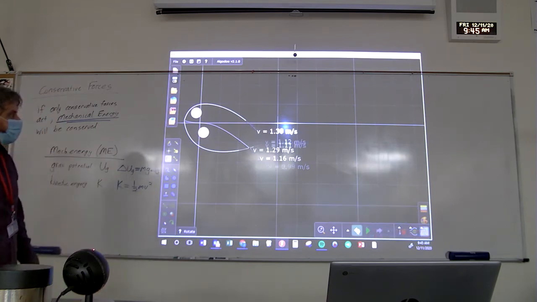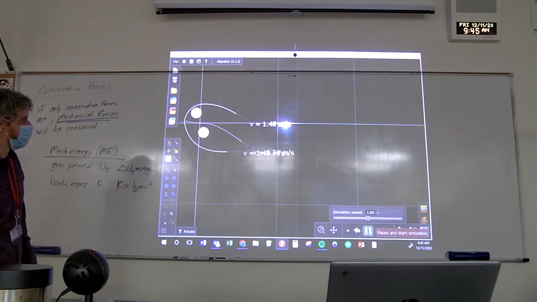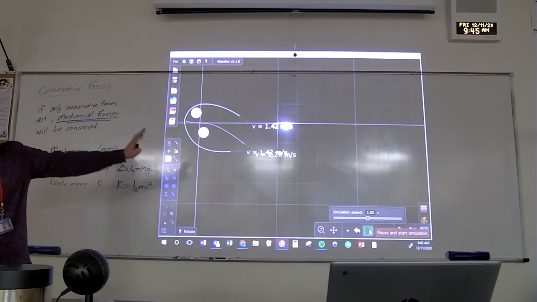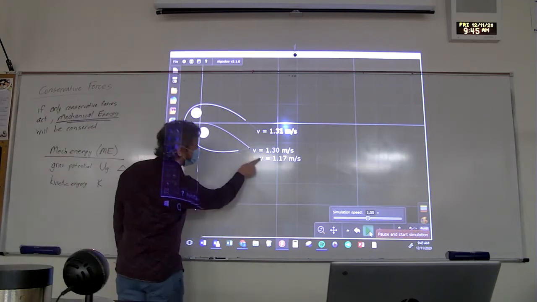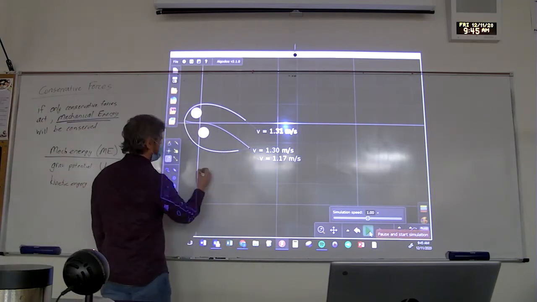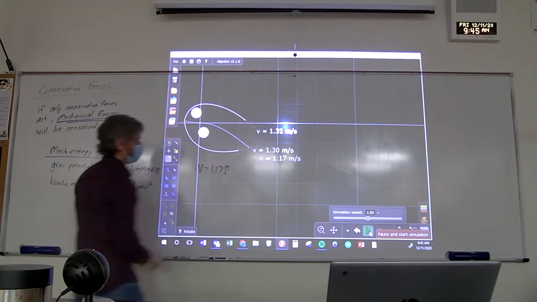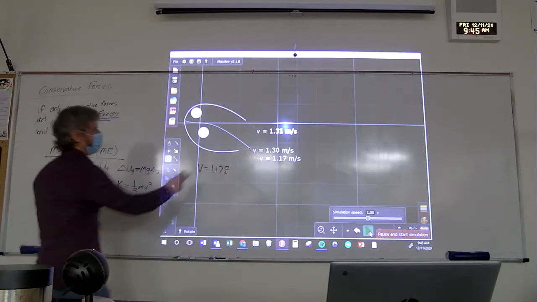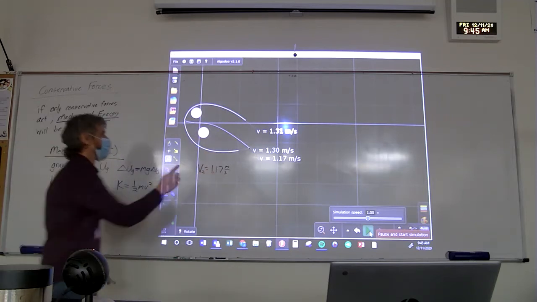And what we'll see is that at that point, this first guy, now this isn't going to be perfect. Again, there's limitations to this program. But at that point, this object has a speed of 1.17 meters per second. We'll call that guy, because he's the middle guy, object 2. I'll erase this after we're done.